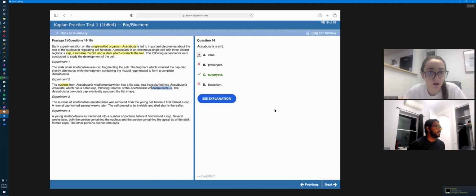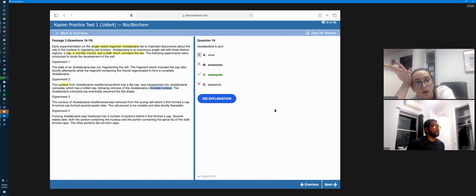Now this time, the one that has a flat cap, they took the nucleus out before it first formed the cap. So we're taking the nucleus out of the flat cap guy before he even has his flat cap.